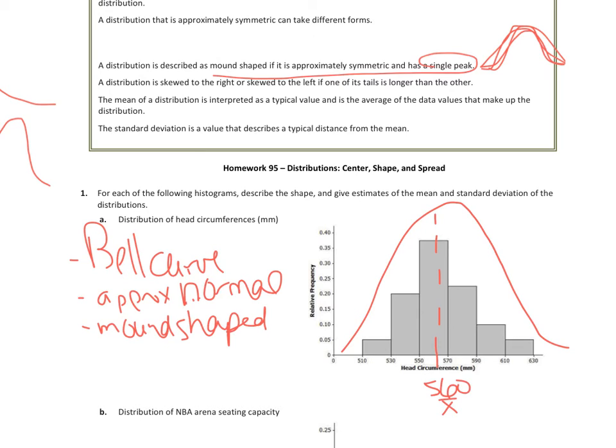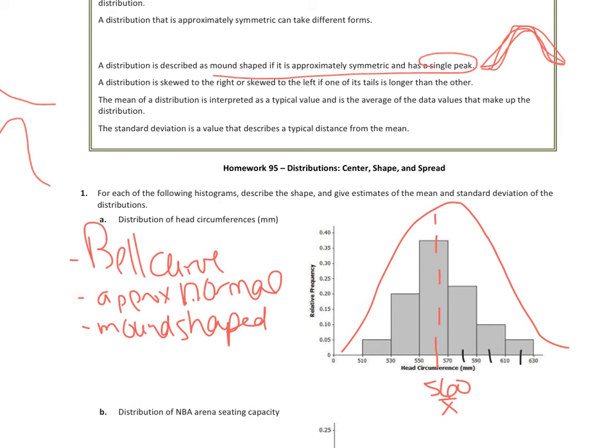Now my standard deviation has to allow me to count 3 above and 3 below at least. So I need to find a value that would allow me to encompass the data 3 above or 3 below. If I did say 20, would that be a good fit? 560 plus 20 would be 580, 580 plus 20 would be 600, and then 600 plus 20 would be 620, and that's pretty good.